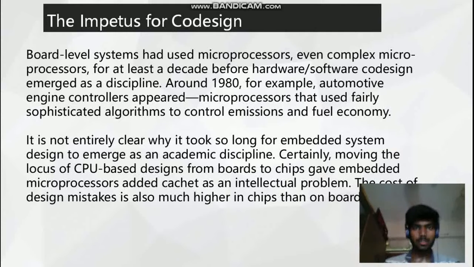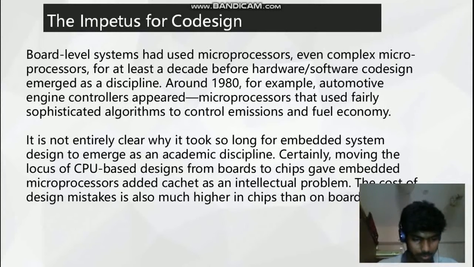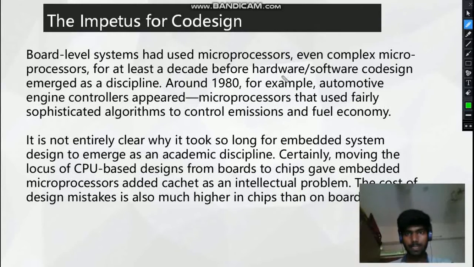So the impetus for co-design. What is the governing body that allows for the growing and development of co-design? The board level system had used microprocessors, even complex microprocessors, around the 1980s.